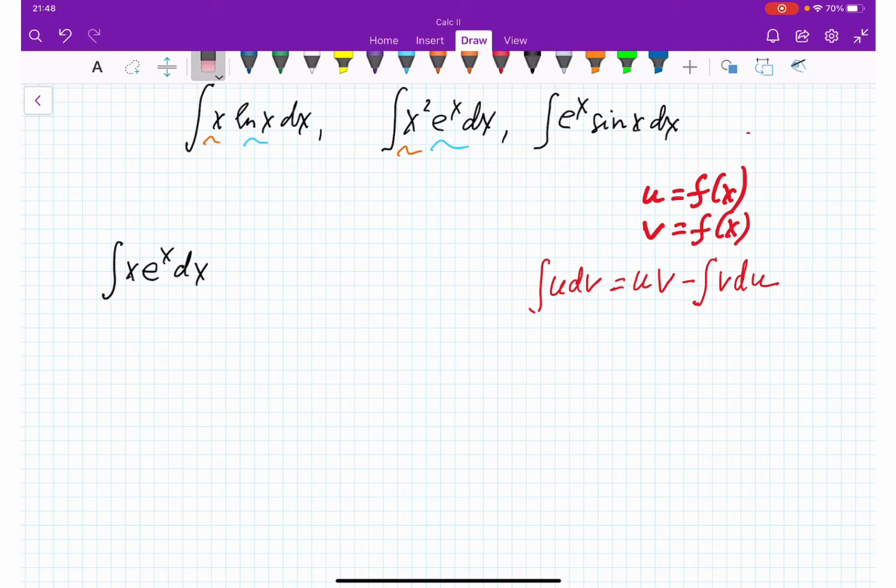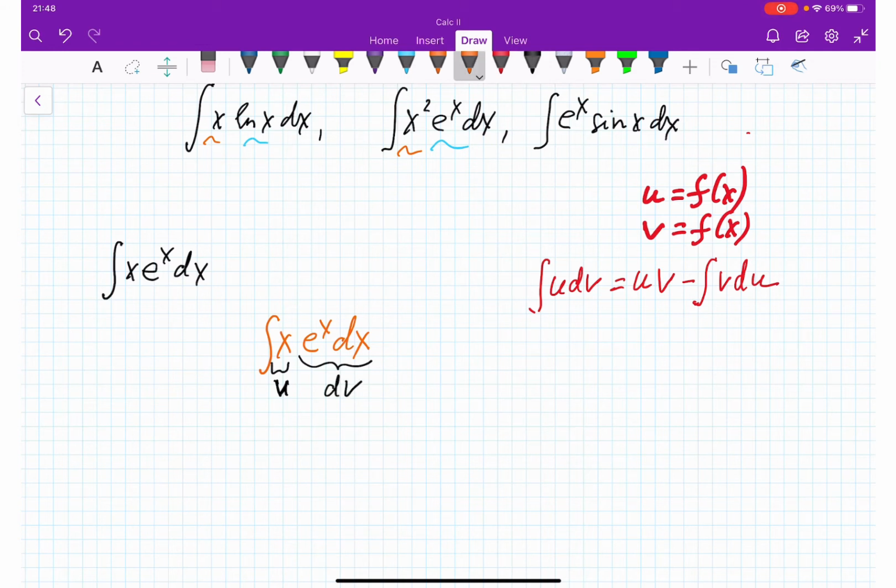First, I can represent it as x times e to the power x dx, where x is going to be my u, and e to the power x dx is going to be my dv.